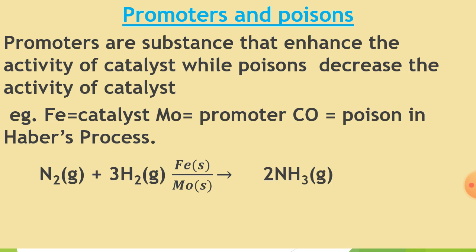But CO, carbon monoxide, works as a poison in this reaction and decreases the formation of ammonia gas. So those chemicals which enhance the rate of reaction by promoting the catalyst are known as promoters, but those that inhibit the rate of reaction by decreasing the activity of the catalyst are known as poisons.